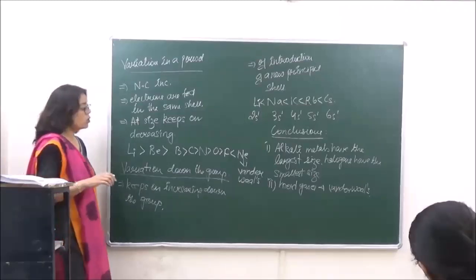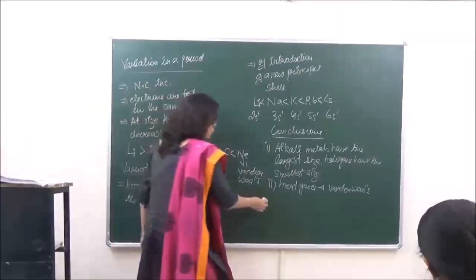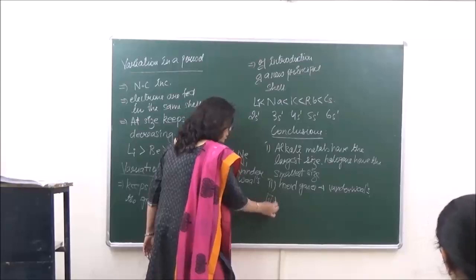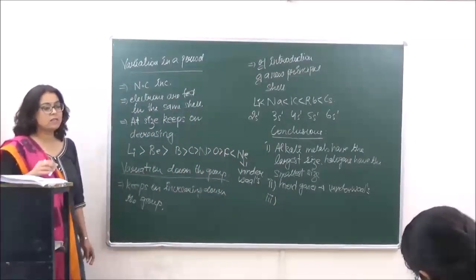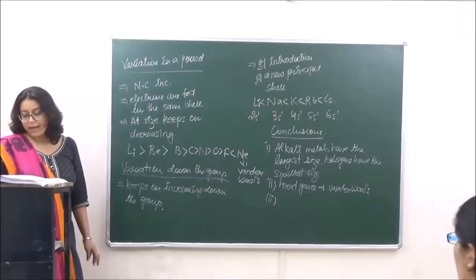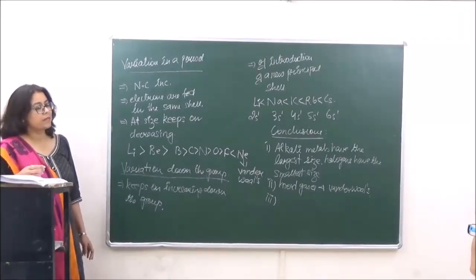Now when we go on to the transition series, because we have not discussed it over here, in the transition series there is an irregular decrease or increase in the atomic size. Why? Because of the screening effect.